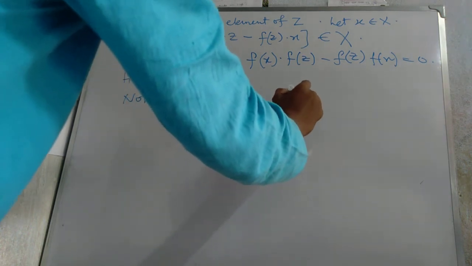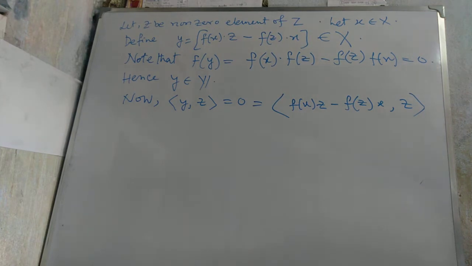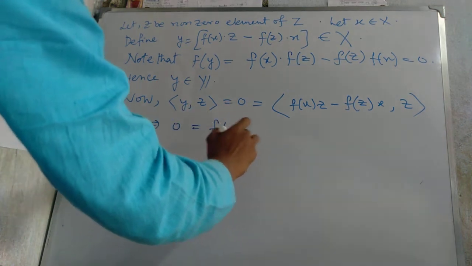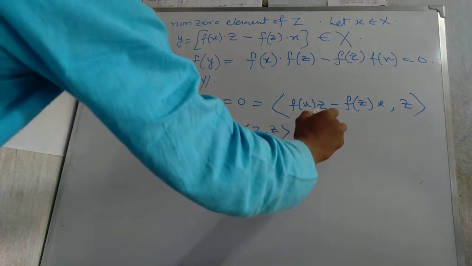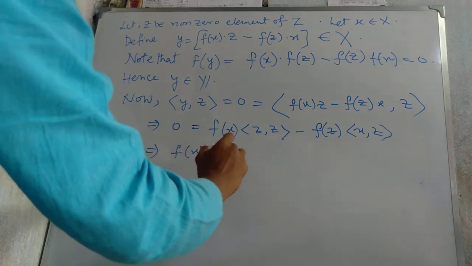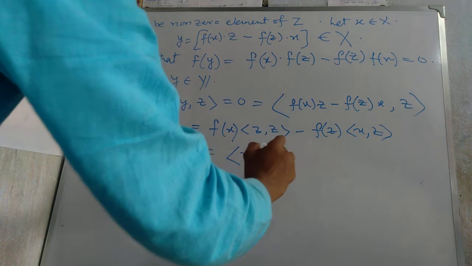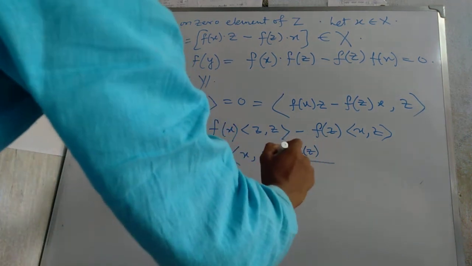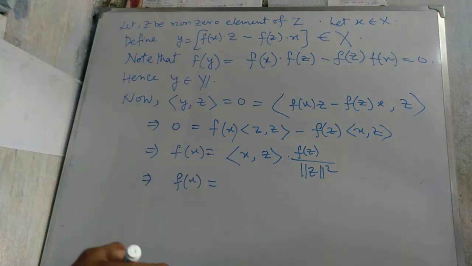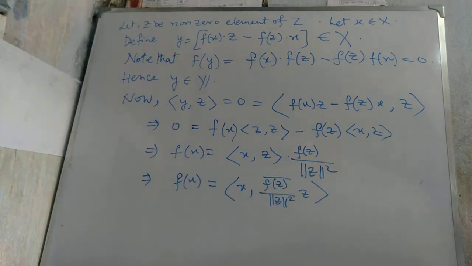So 0 equals f(x) times the inner product of z and z, minus f(z) times the inner product of x and z. This implies f(x) equals the inner product of x and z, times the conjugate of f(z), divided by norm z squared.